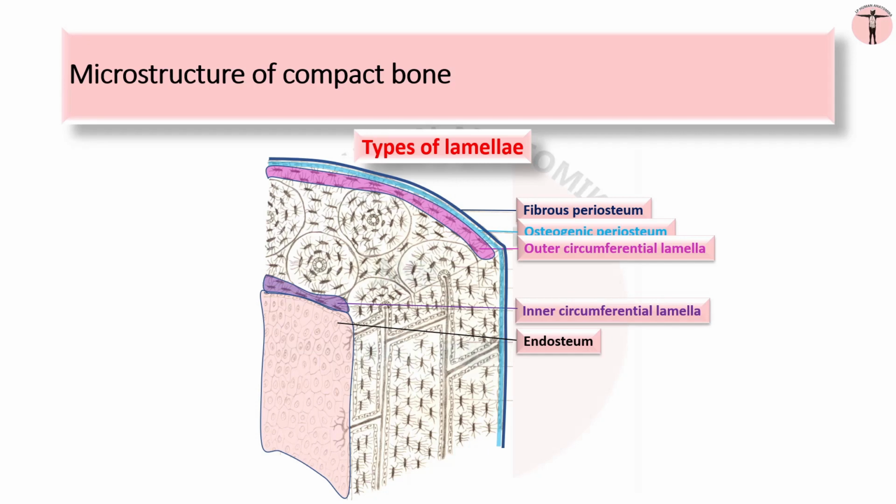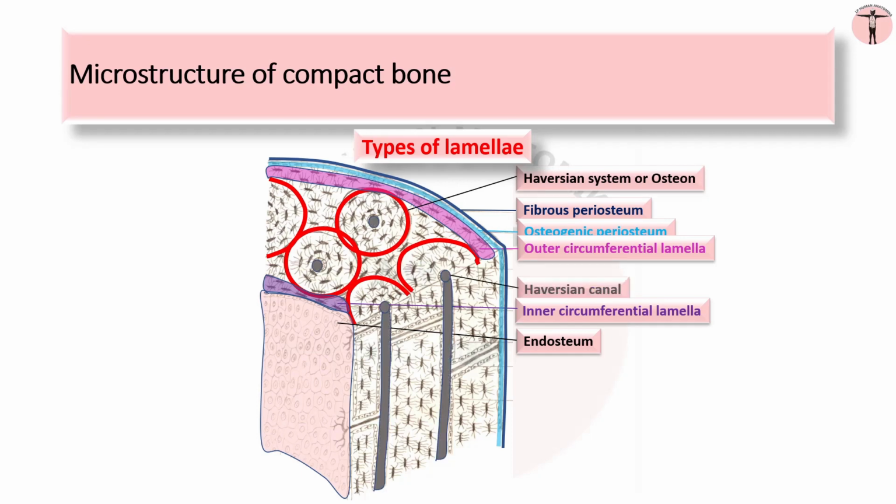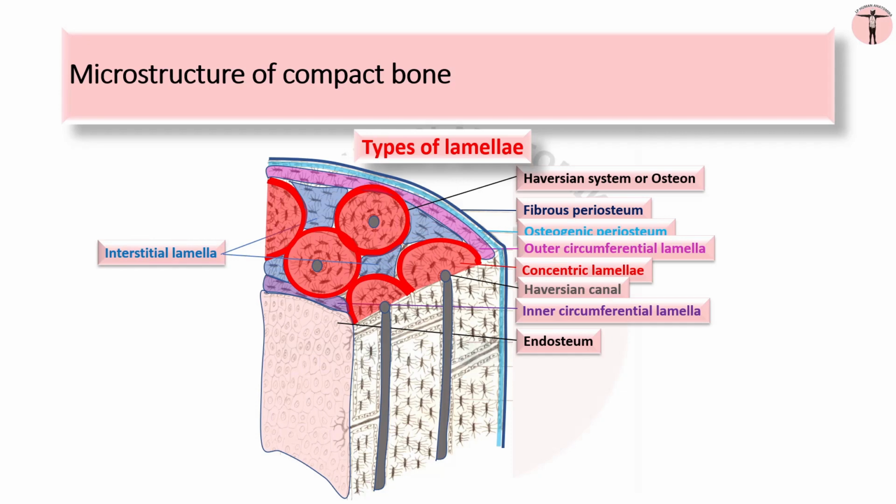Between the outer and inner circumferential lamellae are the numerous cylindrically arranged Haversian systems. Each Haversian system or osteon consists of one Haversian canal surrounded by a number of concentric lamellae. The small irregular or angular areas of bone between osteons are occupied by interstitial lamellae.